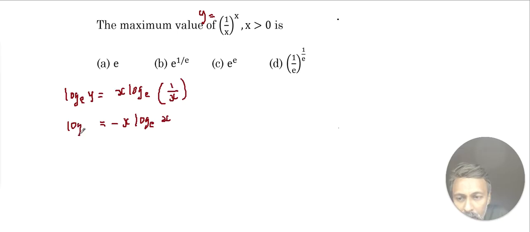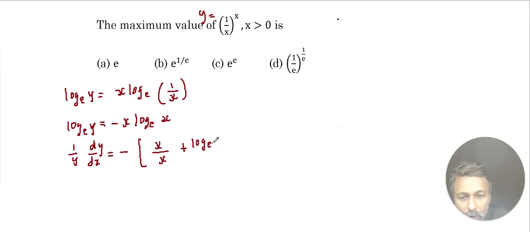This is log y. Let's differentiate with respect to x. 1 upon y dy upon dx is equal to minus of product rule, x into derivative of log x, which is 1 by x, plus log x into derivative of x, which is 1. So only log x. And this gives us dy upon dx is equal to minus y into 1 plus log x.